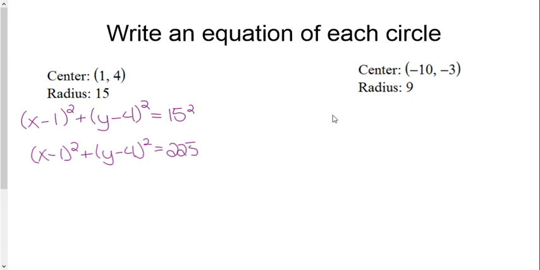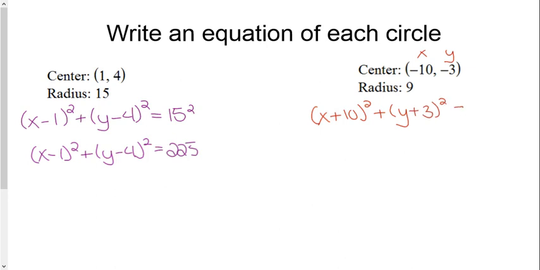In this next one, same thing. We do x first. If you can't remember, we always put x and then y. So x here is negative 10, so when we put it in the equation, it flips signs and becomes positive 10. We square that, and we're going to add our y's now. y is negative 3, a negative number, so it comes down here as a positive number.